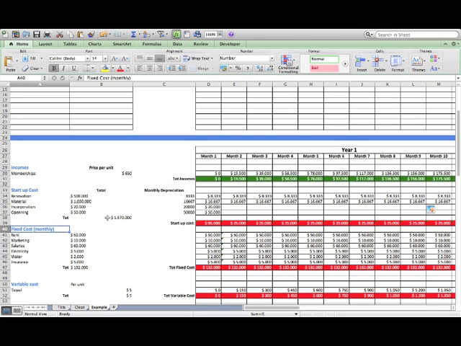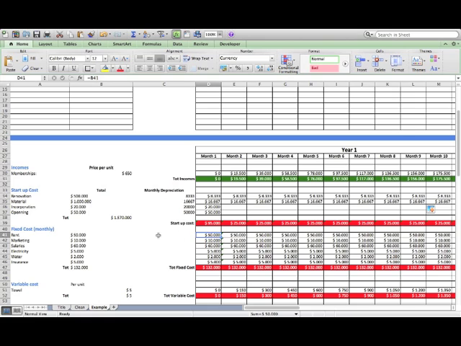We'll look at the fixed cost, and in the fixed cost, what you will put there is your rent, your marketing, the salaries, the electricity, the water, the insurance, and then this will be the monthly cost of each of these items. So you see we have a total of 132,000 Hong Kong dollars fixed cost per month. So what you do again, you input all this data here in each of the months.